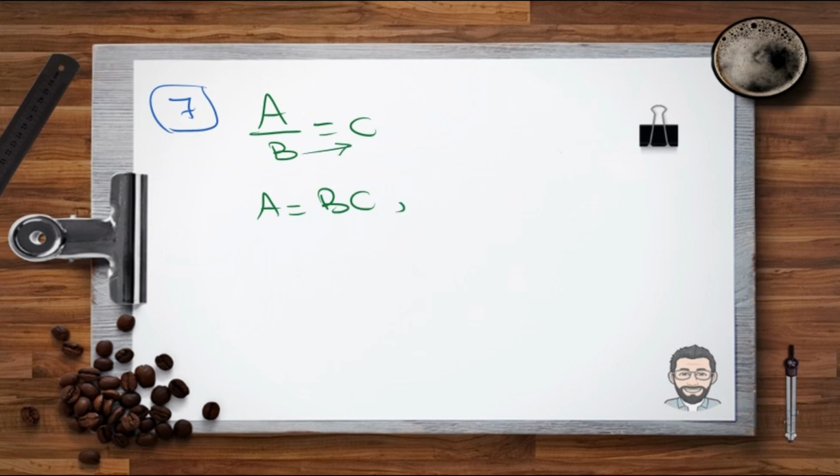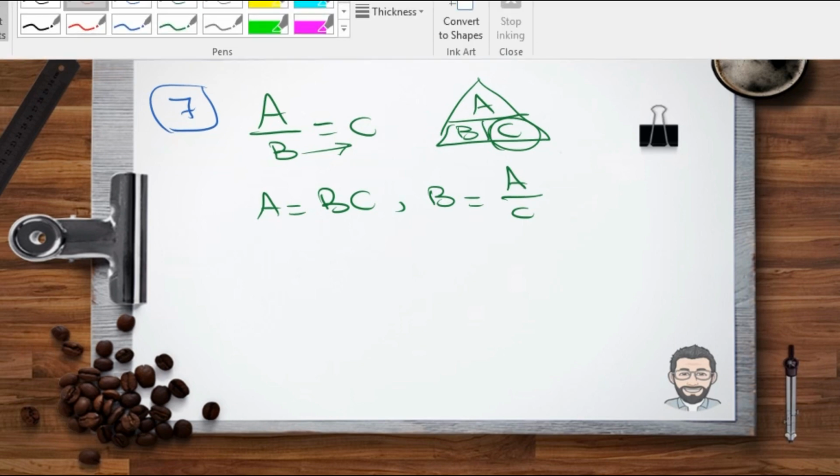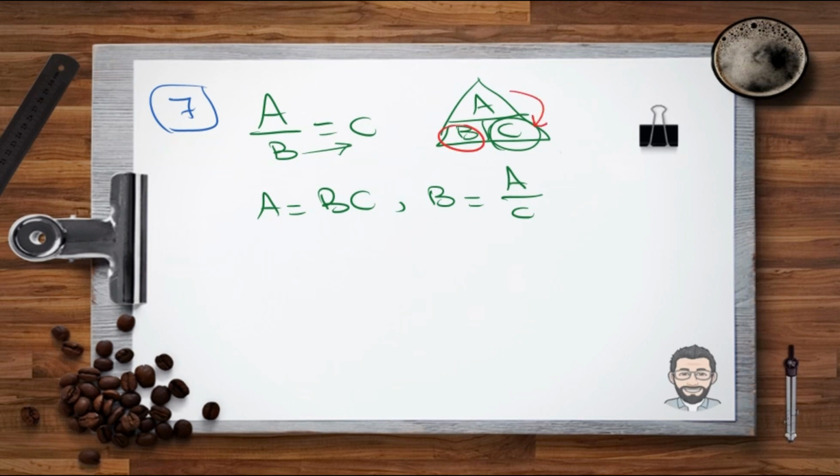Or B equals, yes, great, it's going to be A over C. The same thing, or it's better to use the scientific pyramid or triangle, which has A here at the top, and we have here B and C. When I ask you to find C, you're going to divide A by B. To find B, you're going to divide A by C. When I ask you to find A, you're going to multiply B by C. Okay, the same thing if I have here the probability of any event.